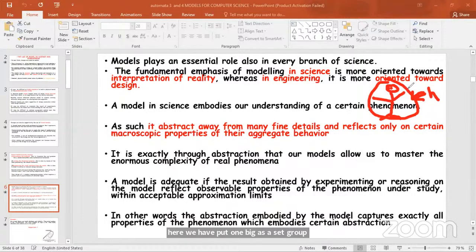This longer line is representing the hand, the trunk representing the body, then the legs. So within approximate limits, we can say that this torso has represented the human form. In other words, the abstraction embodied by the model captures exactly the properties of the phenomenon that embodies certain abstraction.